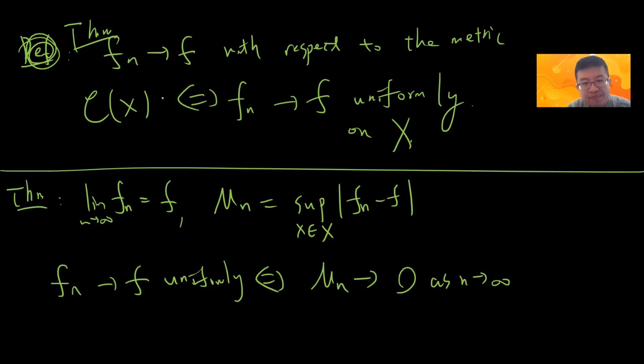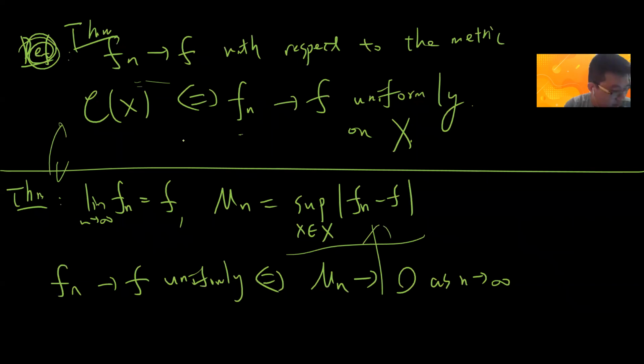You can see that these words just reflect these definitions. So Fn converges with respect to the metric means that this goes to 0 if and only if Fn converges to F uniformly. Exactly the same thing.